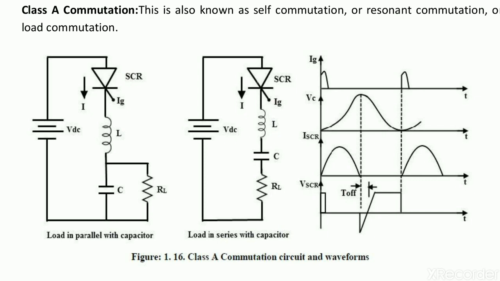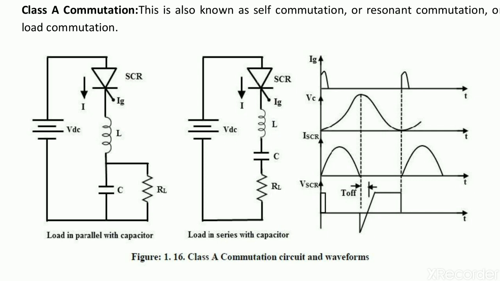As soon as the SCR is turned on, the forward current flows through it and charges the inductor L and the capacitor C. Once the capacitor is fully charged, the SCR becomes reverse biased and the commutation of the device takes place.